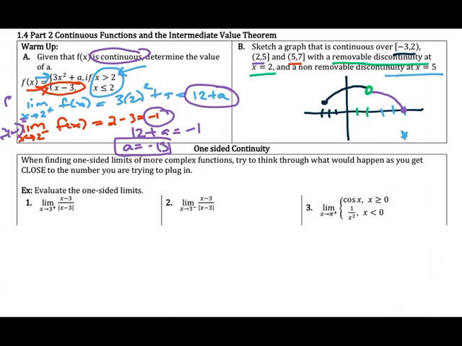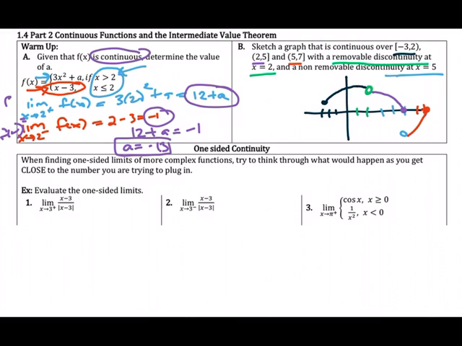Then I'm remembering this little blue star down here means I'm going to have a jump discontinuity. So I'm going to have an open circle. That would be a non-removable discontinuity. And then I'm going to go from 5 to 7, and it is a closed interval on 7. So here's a sample of what this function might look like meeting all of those requirements.